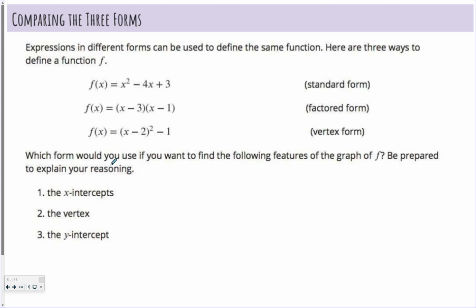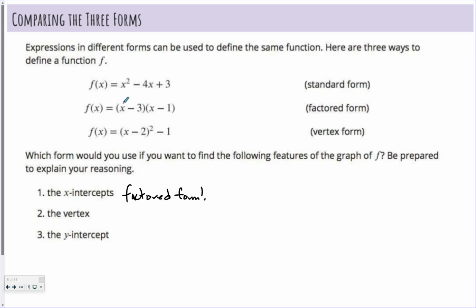Okay, so which form would you use if you want to find the x-intercepts? Well, the x-intercepts, don't they come from the factors? That means you want to use factored form for this, because they come from the factors. And so what actually are the x-intercepts?